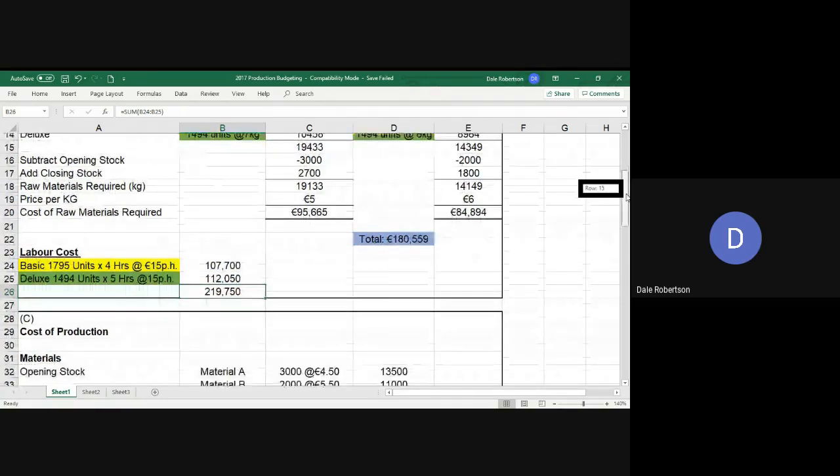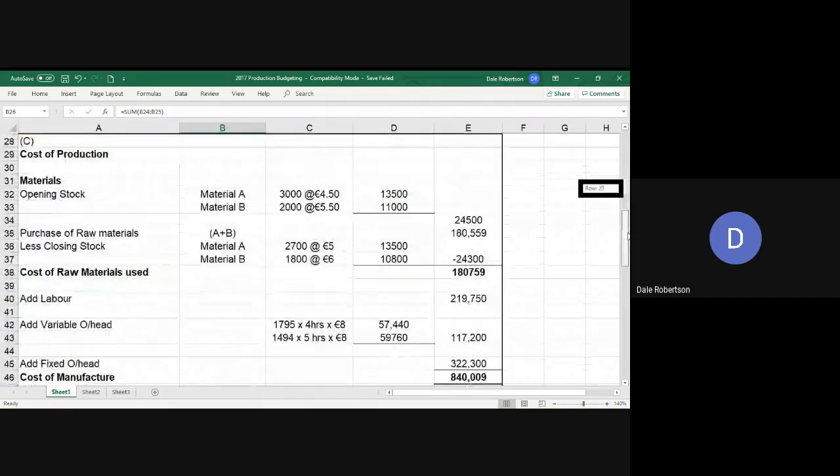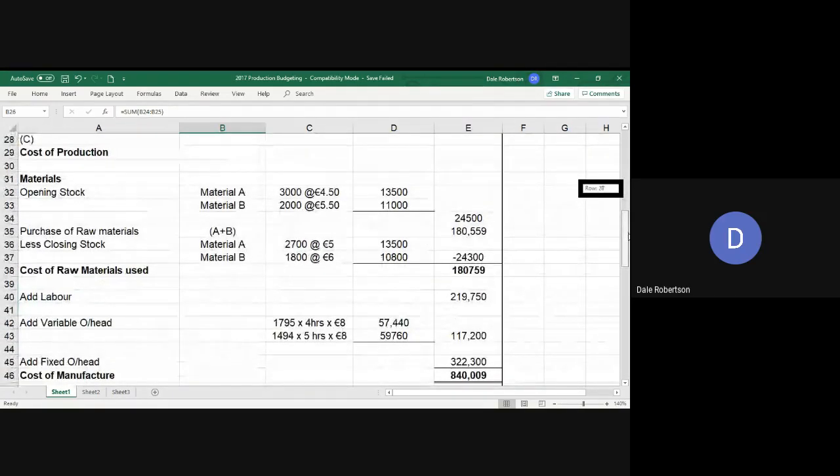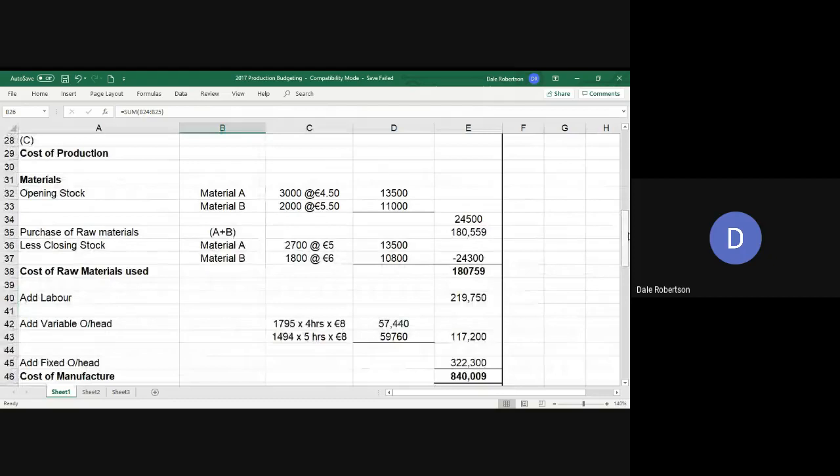Now, part C of the question is talking about the overall cost of production. How much does it cost to make this thing? Well, I'm just going to highlight a few important things here.